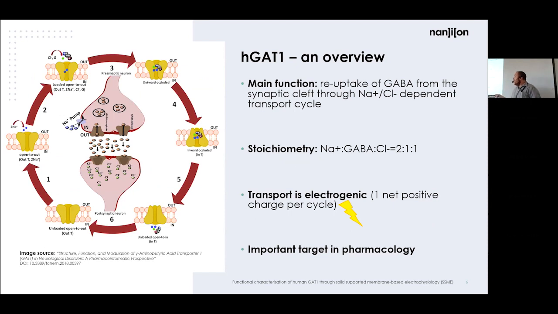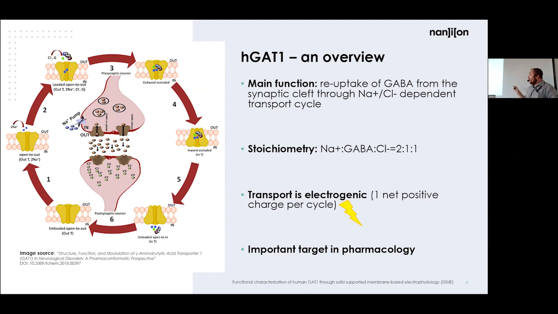Okay, just for the target itself, the human GAT1. Its main function is the reuptake of GABA from the synaptic cleft inside the presynaptic neuron. And to do that, it has to exploit the energy that comes from the inward-directed sodium gradient that is normally existing in nature.